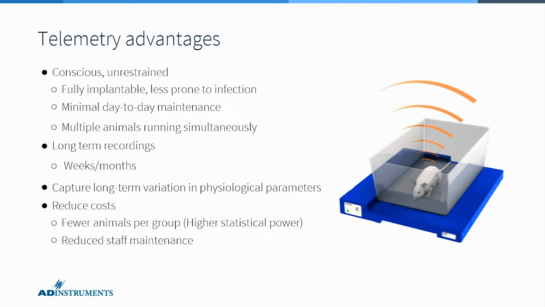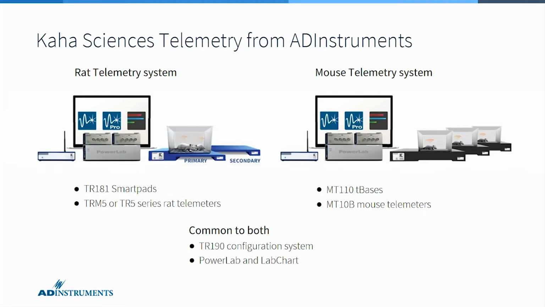You can have fewer animals required per group to give you higher statistical power. You can also reduce the staff maintenance. As I've said, you can free up staff time to perform other activities like data analysis or other experimental work while the animals are recording.